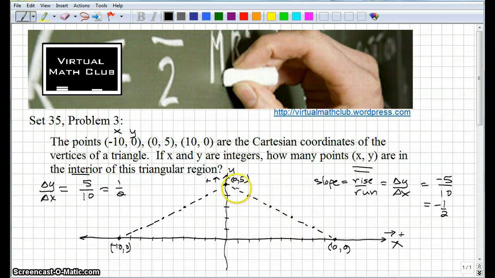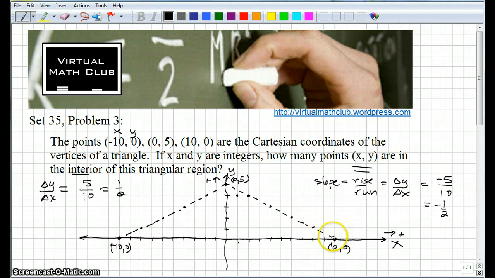So in the interior, I could actually mark these here. Now I've got a nice background with a grid on it, so it's easy to work with. You might want to label these points so you know what you're dealing with.